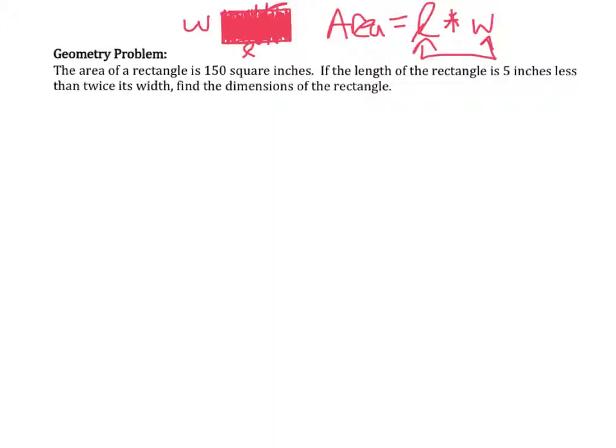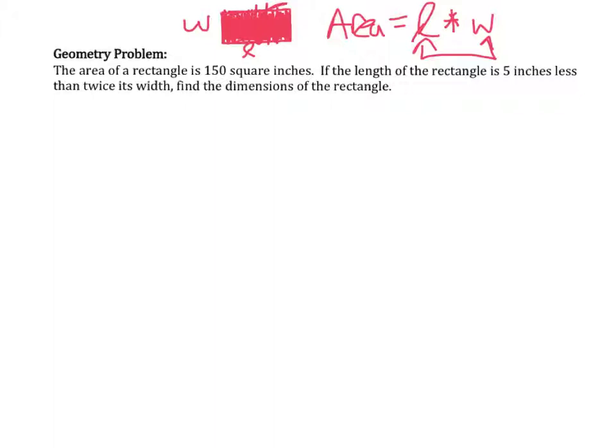So area equals length times width, right? Now what we're going to do, we're going to apply this to quadratic equations, quadratic functions, quadratic equations. Of course, when we have a quadratic equation, we only have one variable. So in all of these problems that deal with the area of a rectangle here, I'm going to have to eliminate at least one of these variables here, all right? Let's look at this example so that we can see how to do that.